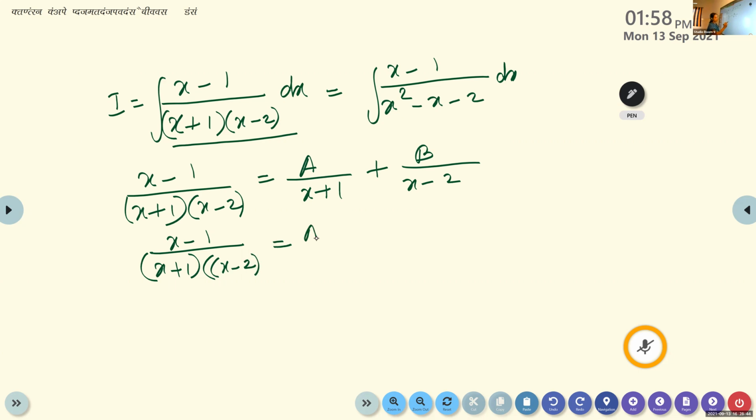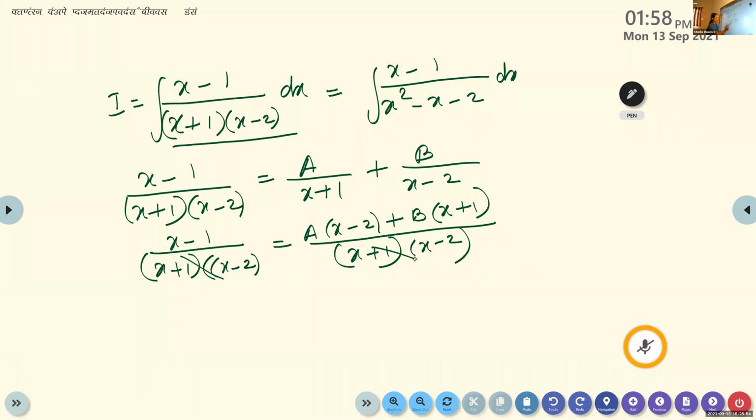So we get a into x minus 2 plus b into x plus 1 by x plus 1 into x minus 2. The denominator gets cancelled, so we get x minus 1 is equal to a into x minus 2 plus b into x plus 1.